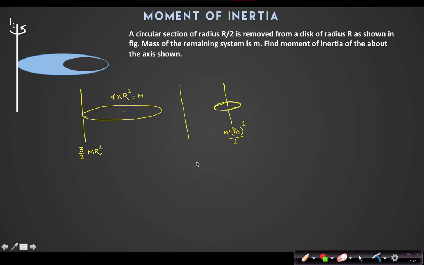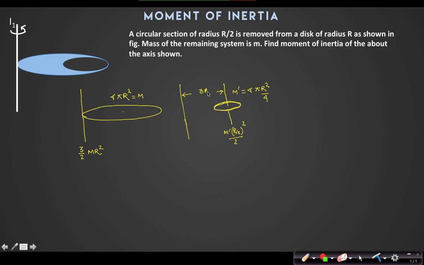Yes or no? The moment of inertia of the disk about this axis is mr square by 2, where m prime is the mass of that disk itself. And what is m prime? m prime is equal to sigma into pi r square by 4. Yes or no?